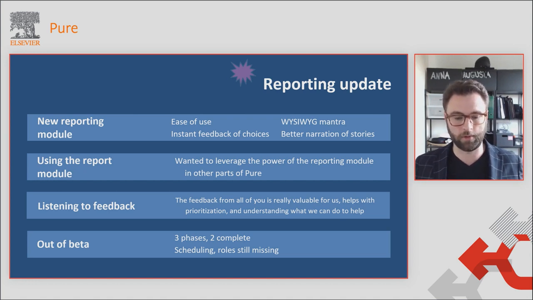And what we also wanted is the ability to give you flexibility. It's a lot about flexibility in the report module. And we want to provide the flexibility to create the stories you want to tell using your own data, right? So be able to tell the research stories and build the narrative you want.